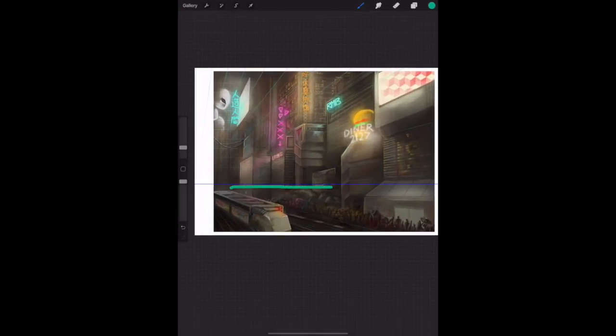This blue line represents the eye level, and I believe he used just one point perspective. And so you can see all of these lines, the windows, everything above the eye level is going down as the scene moves away from us, and everything below the eye level is coming up as the scene moves away from us.